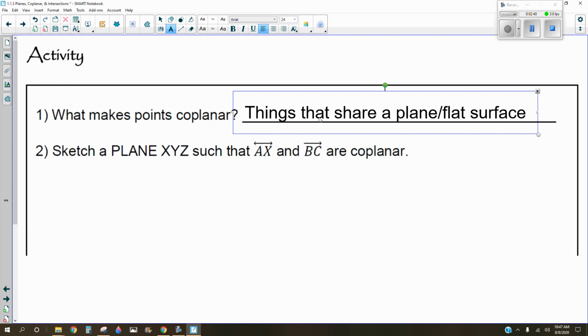Those places you're sitting, the desk, the table, the bed, that's a plane, that's a flat surface, right? Coplanar would be all the things that are sitting on the bed or on the table with you. So like all the pens and pencils that might be on the table, or maybe there's a notebook and a sheet of paper and you're sitting on the bed. So you would be coplanar with those things.